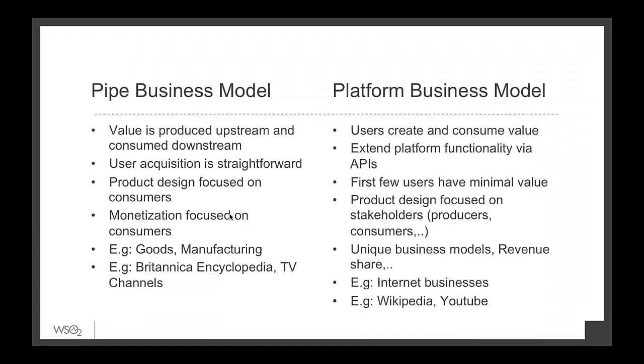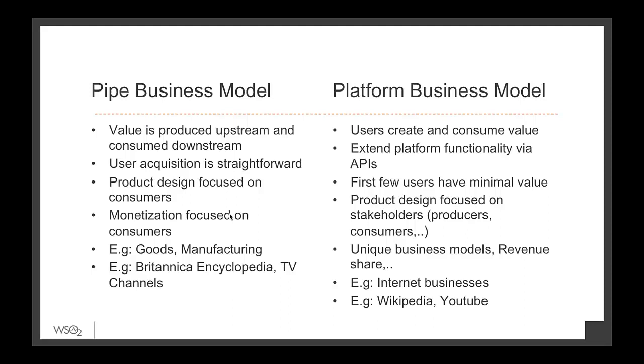Right? So what does that mean? So in the past, we've heard of this normal business model. The traditional business model that we are aware of is called the pipe business model or linear business model, depending on the terminology. So example again, someone selling goods in a normal shop, manufacturing of certain things, right? So people buy them.